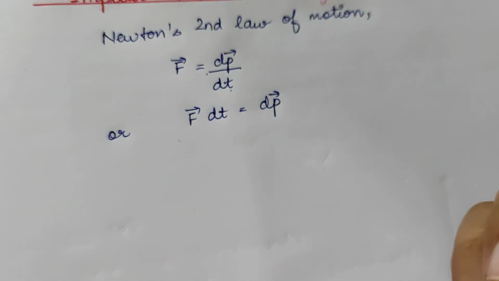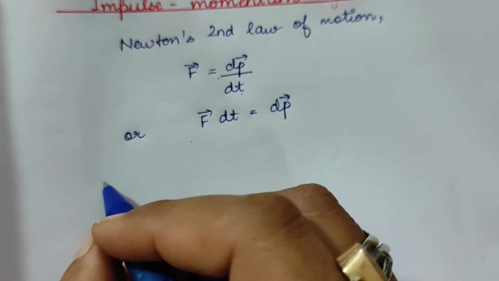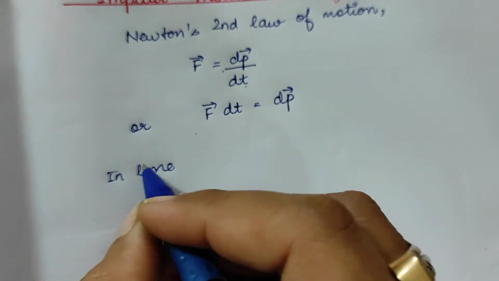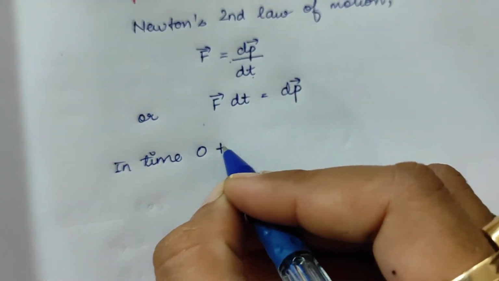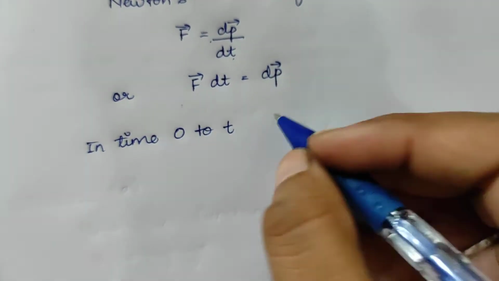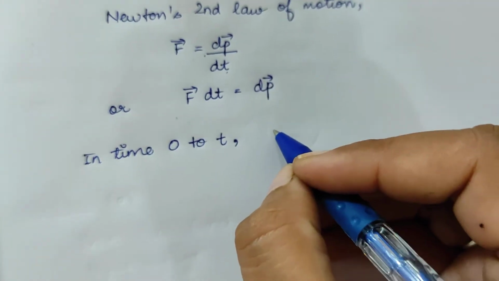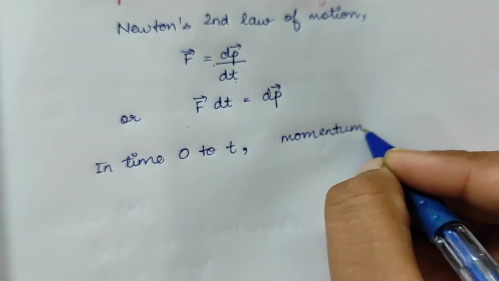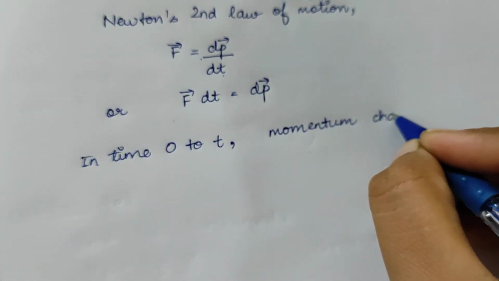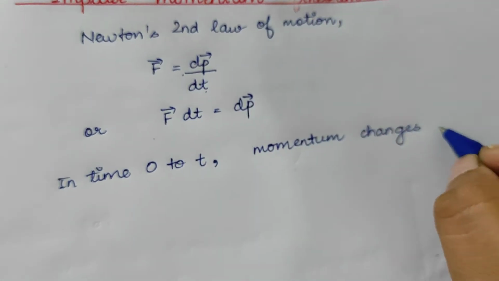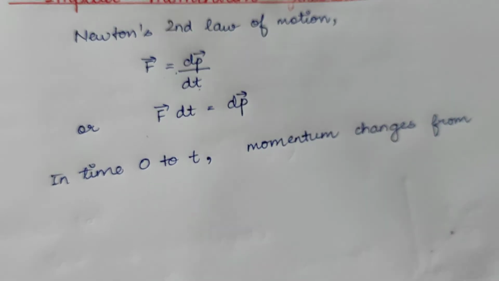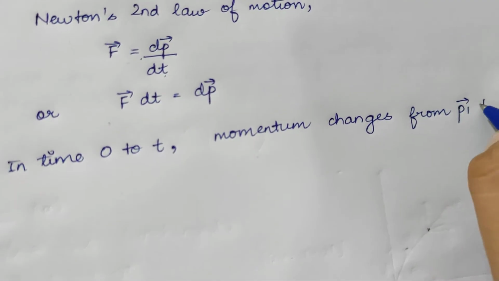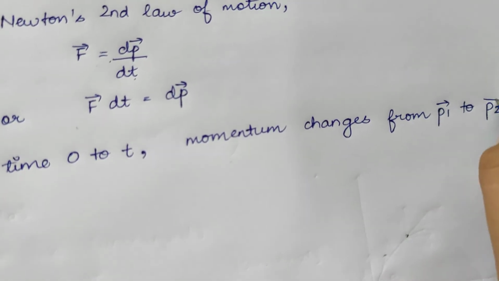Now if we consider that in time 0 to t, the momentum of the body changes from P1 to P2.